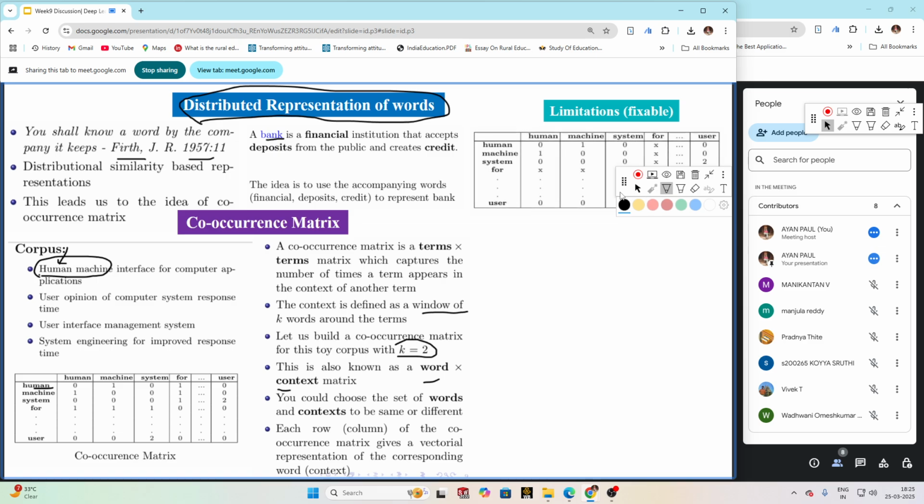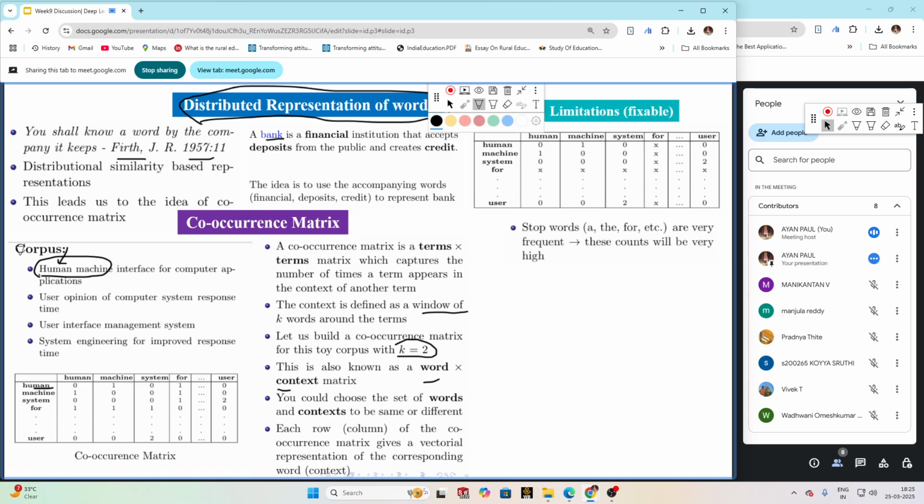Okay, now what are the limitations of this co-occurrence matrix? One is something called stop words. We are interested in finding the similarity, or seeing which of the two words will occur more often. But the problem is there are some stop words like for, the, etc. that can always appear with any word.